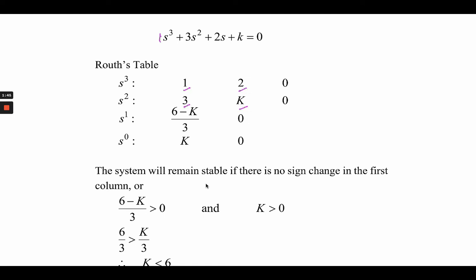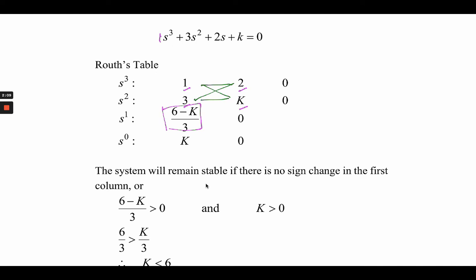To find this value, we multiply 3 by 2 equals 6, minus 1 times k, and we divide by 3. So we get (6 - k)/3.